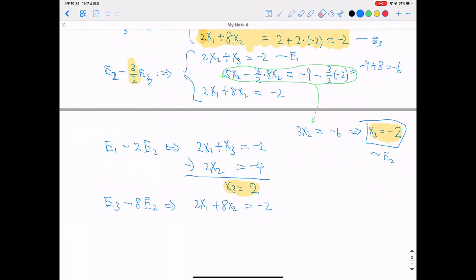E2 is x2 equals minus 2, so 8x2 would equal minus 16. Right? And I'm subtracting this, so that'll give me 2x1 equals 16 minus 2, that's 14. So x1 is 7.